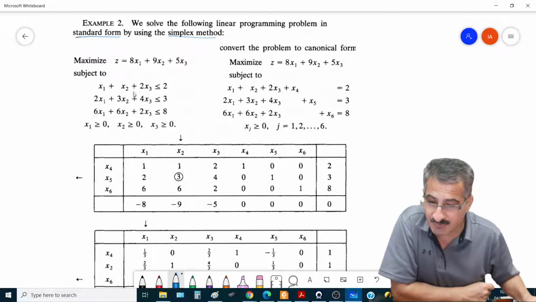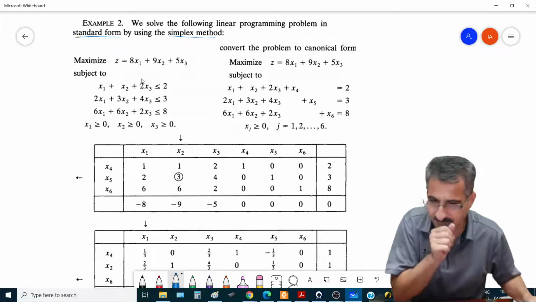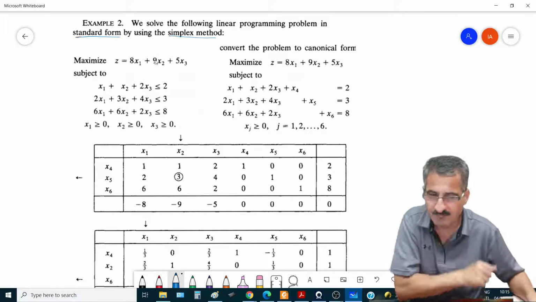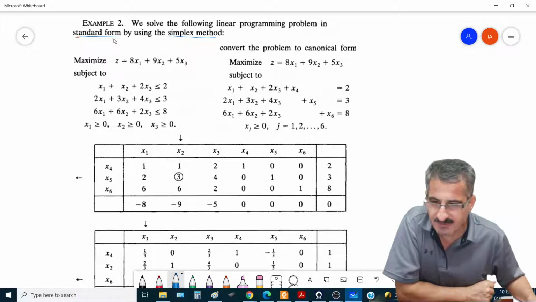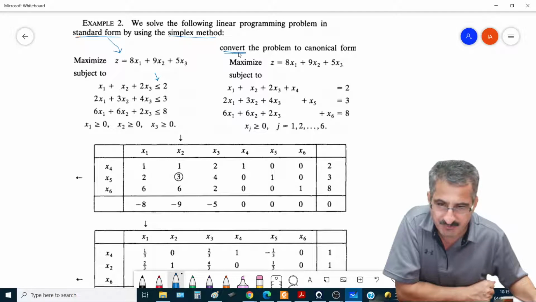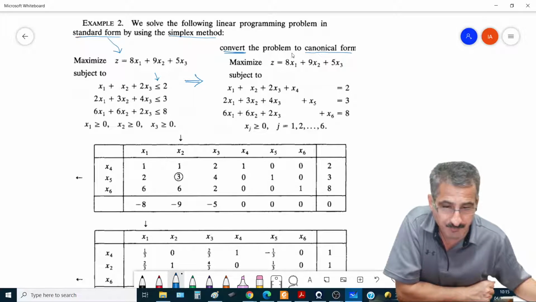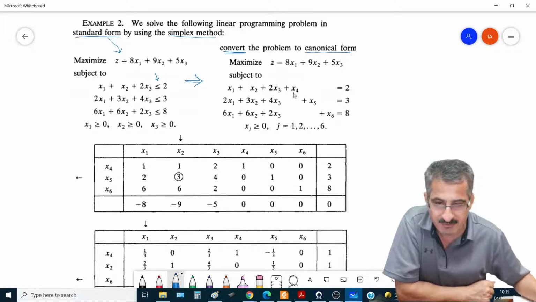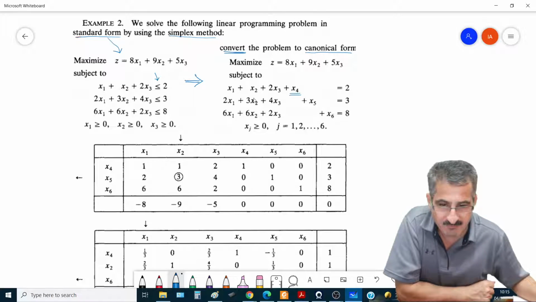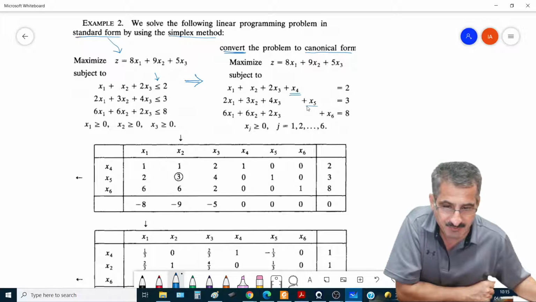Okay, so this is a problem in standard form. We have less than or equal in the constraints, okay? Now we convert it to what? To canonical form, okay? Now to do that, we add the slack variables here, x4, x5, x6.